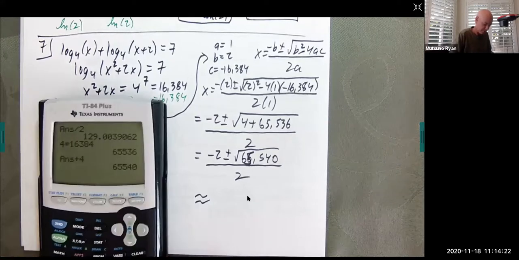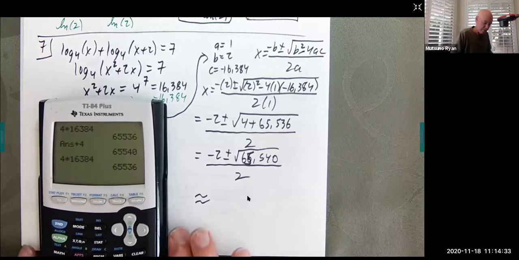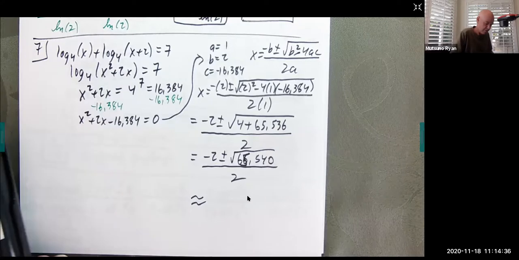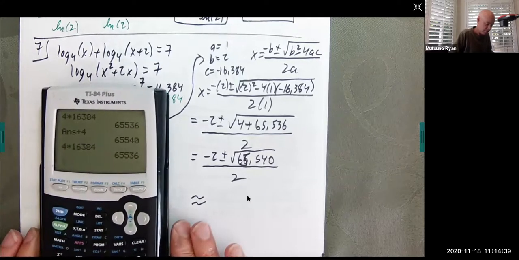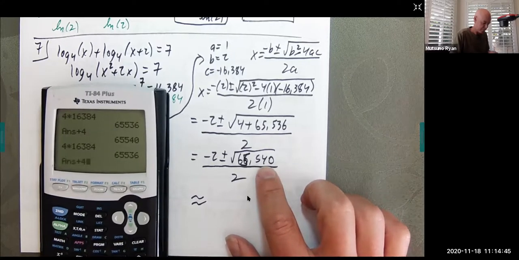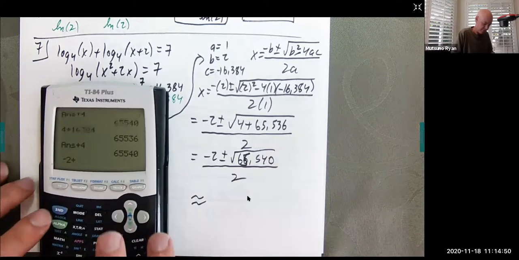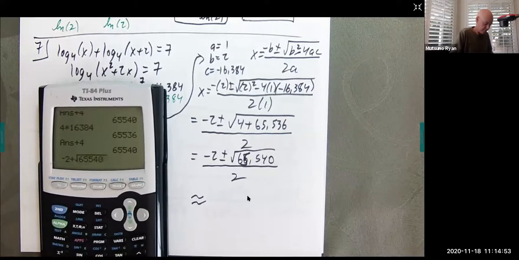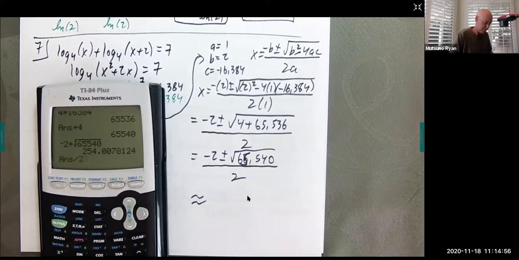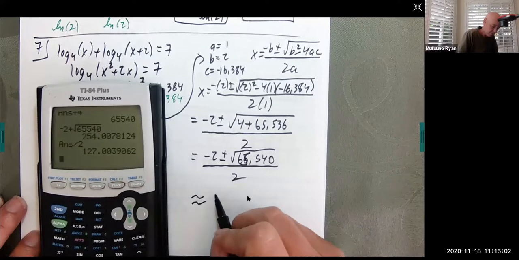And then we double check that. 4 times 16,384. Let's try this. Plus 4. So negative 2 plus the square root of 65540 divided by 2. There we go. I think I did a positive 2 instead the last time.